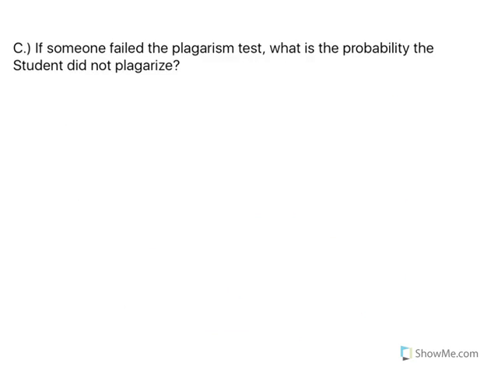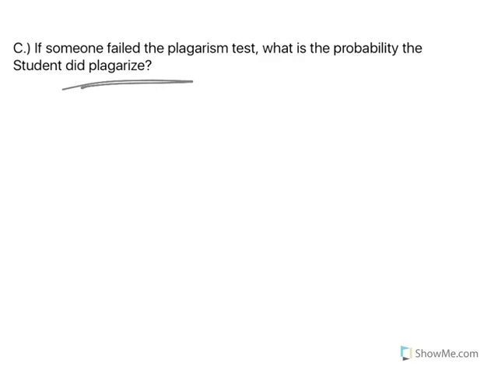Now, the last one, what if someone failed the plagiarism test? So if you fail it, you're a big fat cheater face. What's the probability that the student actually did not plagiarize? Okay? Hold on. Time out. We got to type. I want to know did plagiarize.